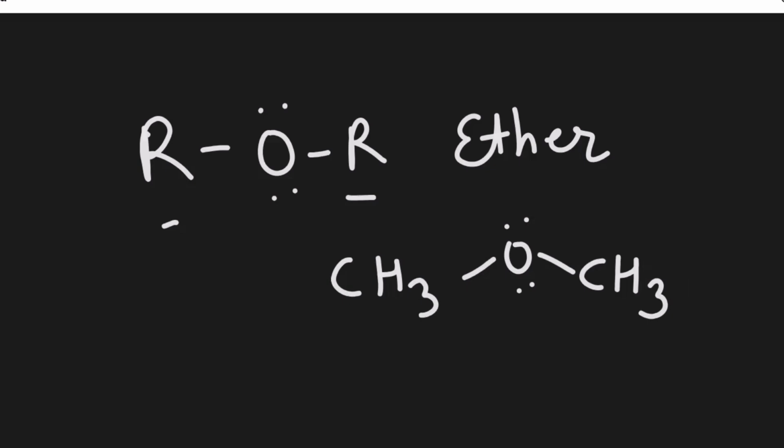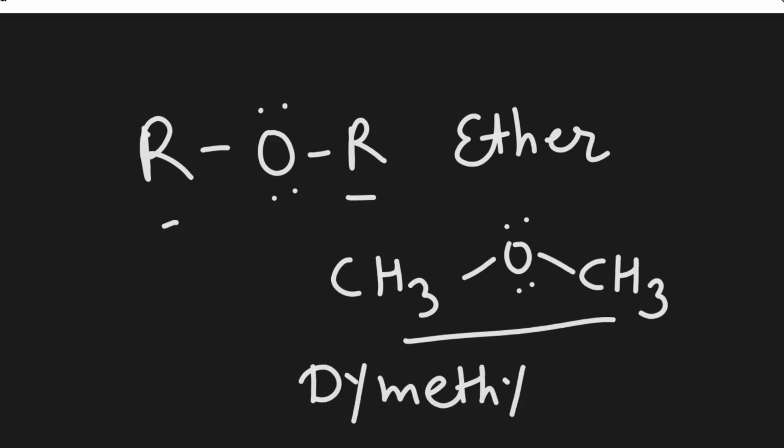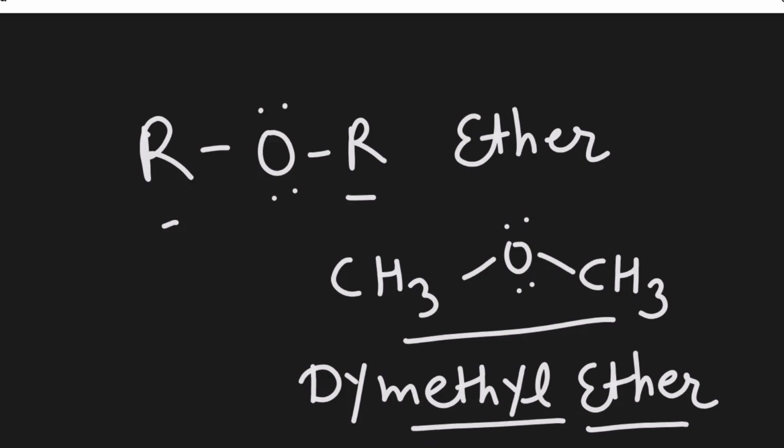In this functional group, oxygen is attached to 2 methyl groups. That's why it's called dimethyl ether. For ether, we don't have any specific or designated suffix, so we use the name ether as a suffix.